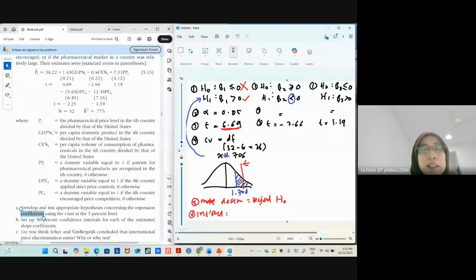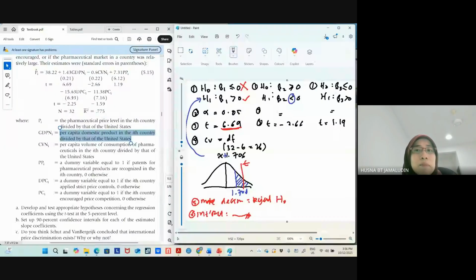How do you interpret? So basically beta 1 is GDP, right? So this is testing whether you have price discrimination or not. So what would you say? You reject it. So basically this industry is actually practicing price discrimination for pharmaceutical items. So you just write down the whole thing.